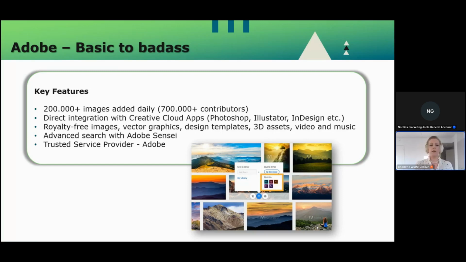Adobe will also be a trusted service provider in this case, because the customers are actually using the products, but now they are also linked to a specific base where they have all this content that they are allowed to use. So there is a direct integration between the products and this stock library.